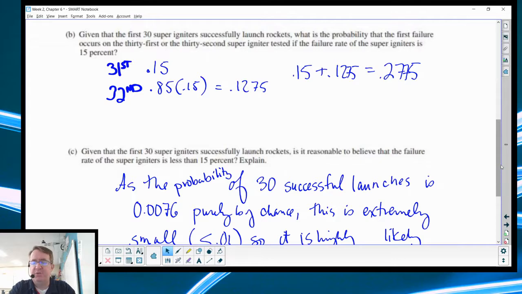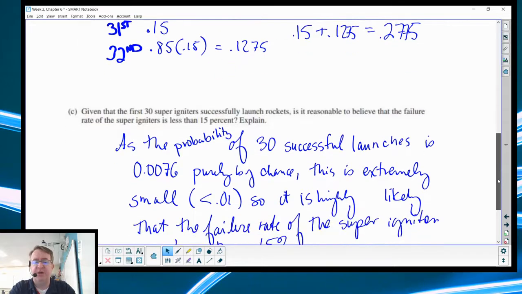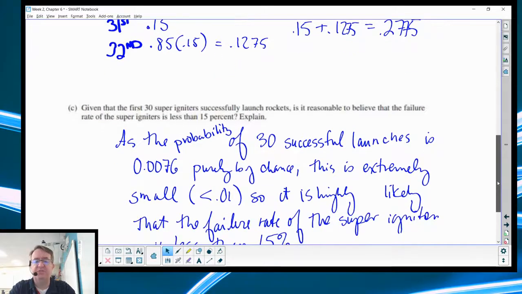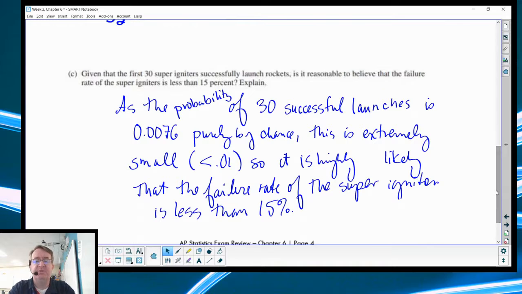Given that the first 30 super igniters successfully launched rockets, is it reasonable to believe that the failure rate of the super igniters is less than 15%? And explain. Again, you can mention alpha levels if you want.